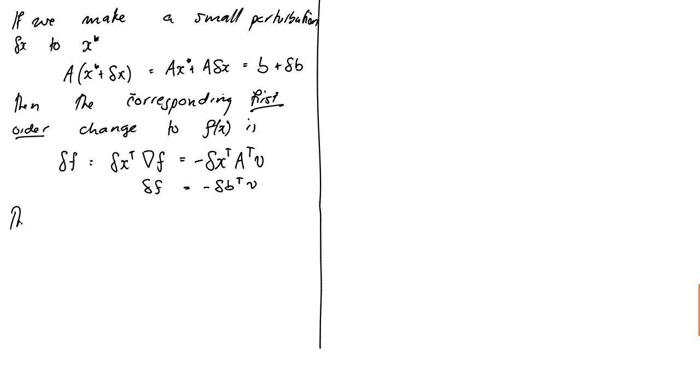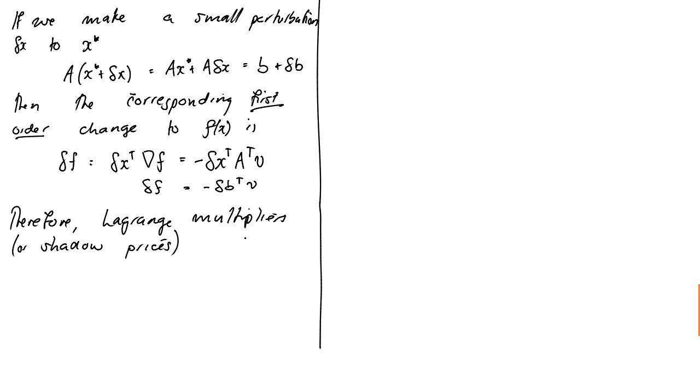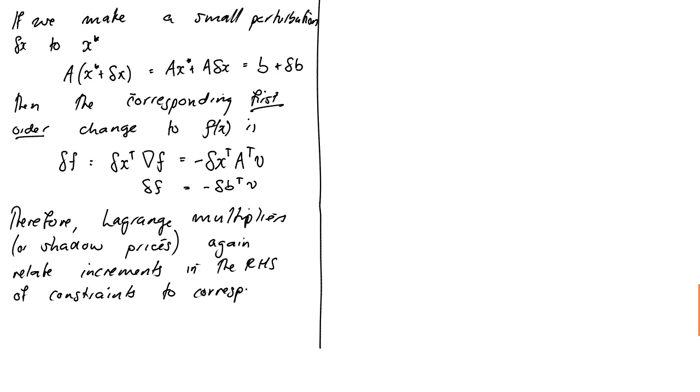So therefore, Lagrange multipliers or shadow prices again relate increments in the right hand sides of constraints to corresponding changes in the objective.